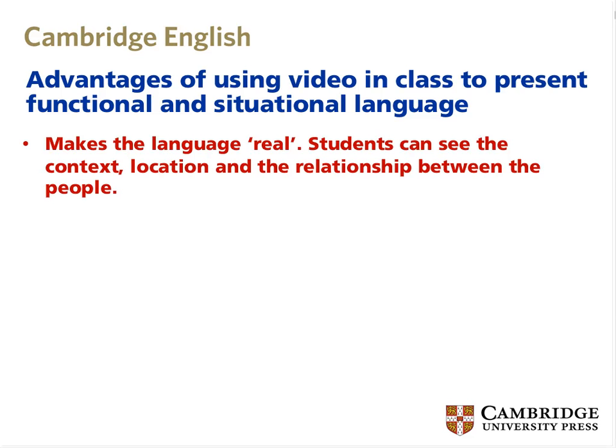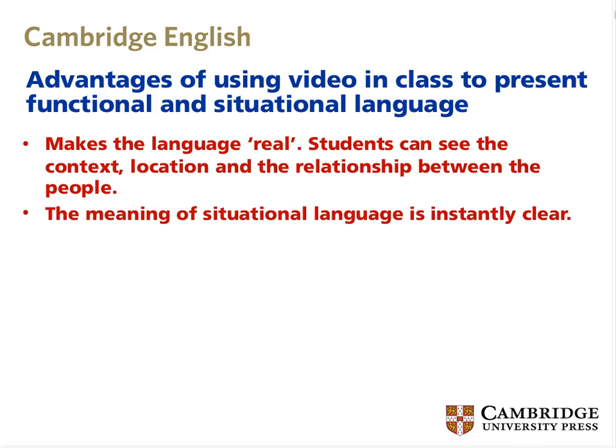And of course, most of the language we use, we talk to people, as it were, face to face. So we can see the body language, the response, and the relationship between the people. And it also means that the meaning of situational language is instantly clear. You can see exactly what people are asking for or what they're trying to achieve.